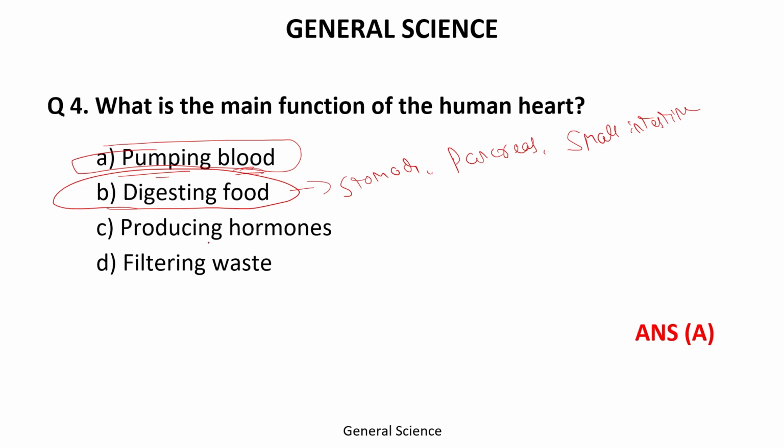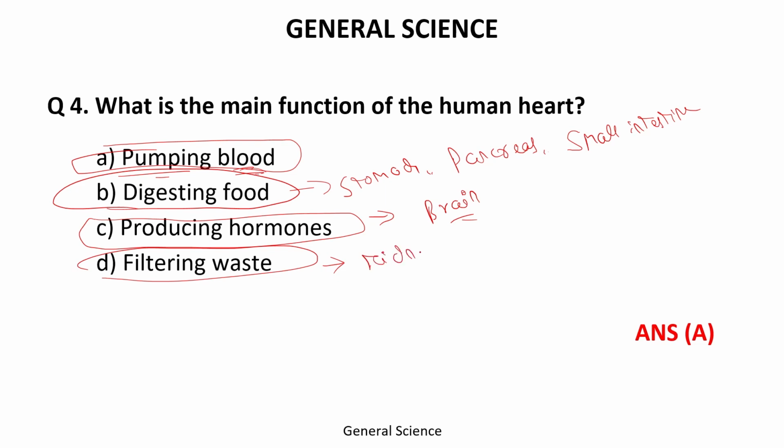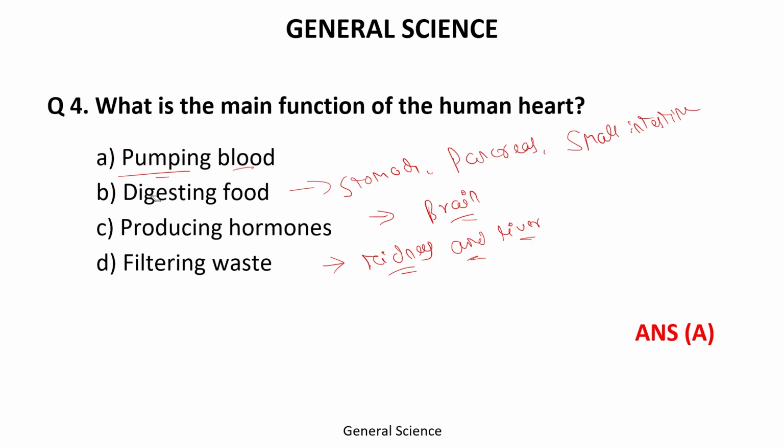Producing hormones is basically done by brain. Filtering waste is basically done by kidney and liver. So remember these particular details.